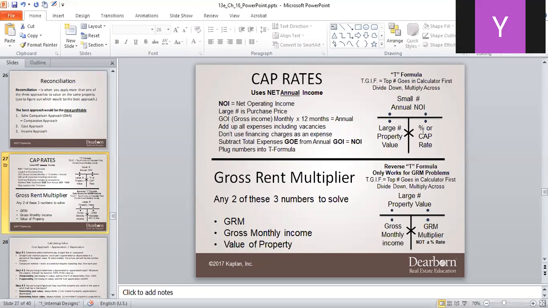Cap rates use the T formula. You see why they call it the T formula? Kind of looks like a T, right? And what is this symbol right here? You see this symbol? A line with two dots like that. Do you recognize that symbol? Divide, division, right?